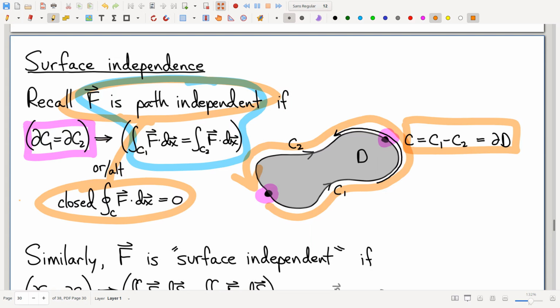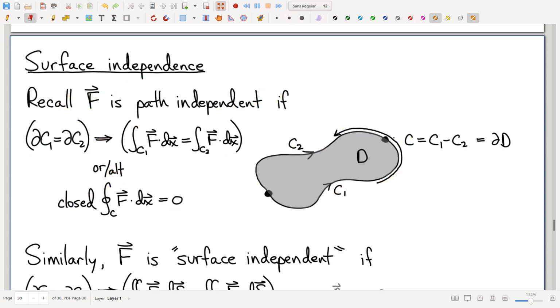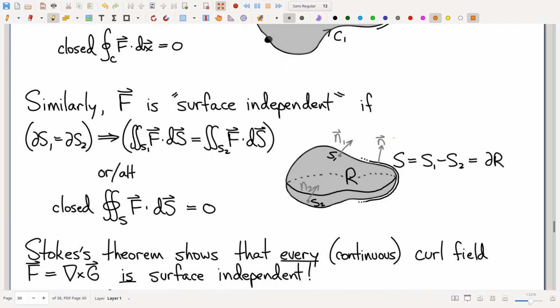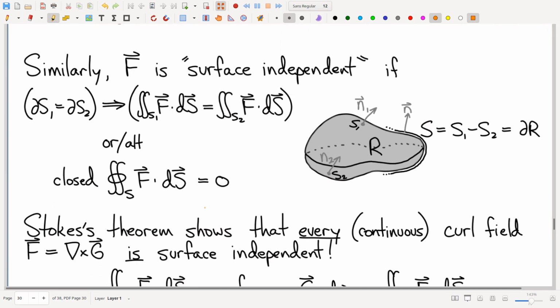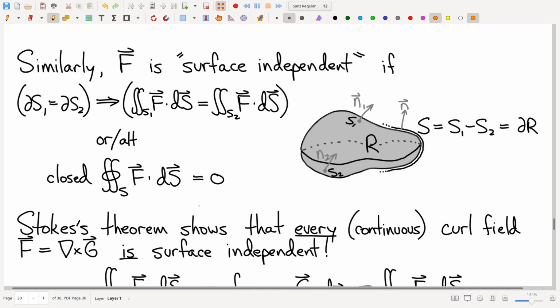All of these ideas, one dimension up, still work. It's amazing. So let me go through it again. New stuff. There are special vector fields called surface-independent vector fields.